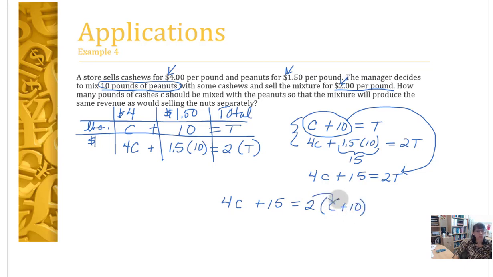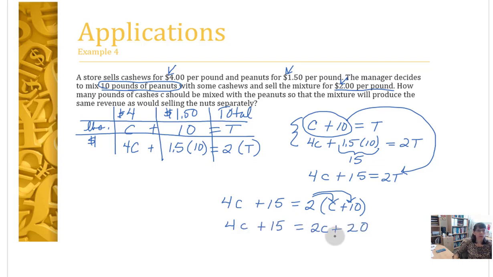If I distribute 2 to each term in this quantity, I'll know what each individual term is. On the left, 4C plus 15 now equals 2C, and 2 times 10 means plus 20.